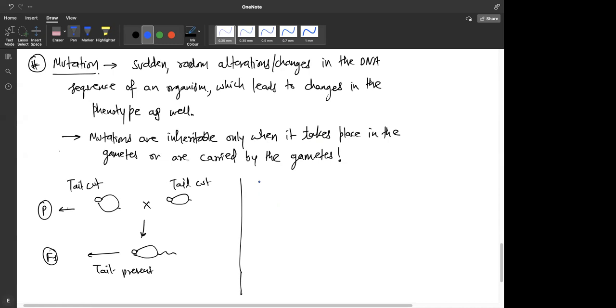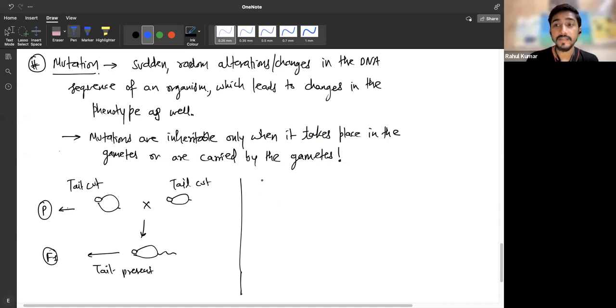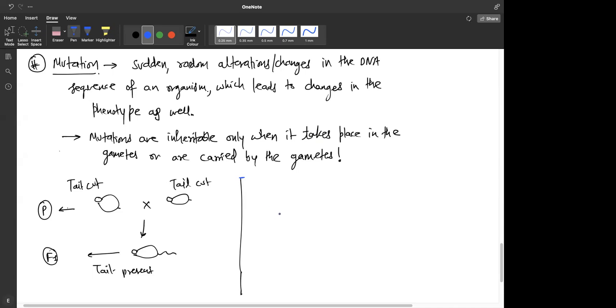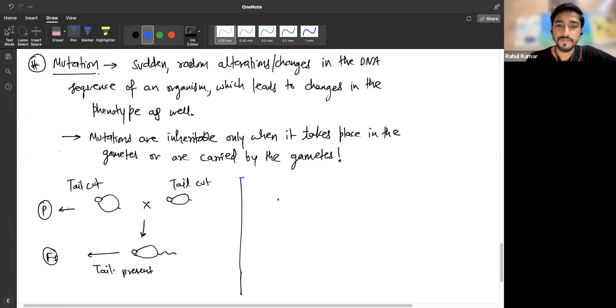Two tailed mice, two mice having tails, can they produce tailless offsprings? Is it possible? If yes, how is it possible? Maybe no. No, so it's never possible.